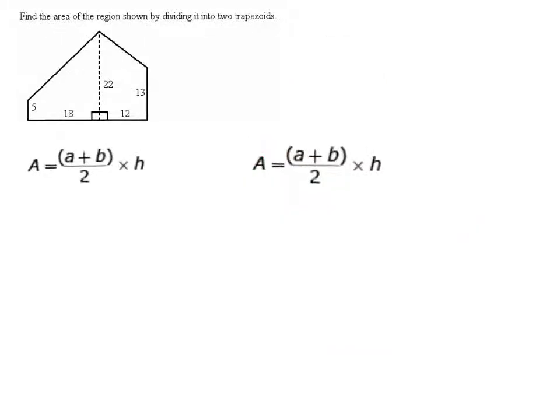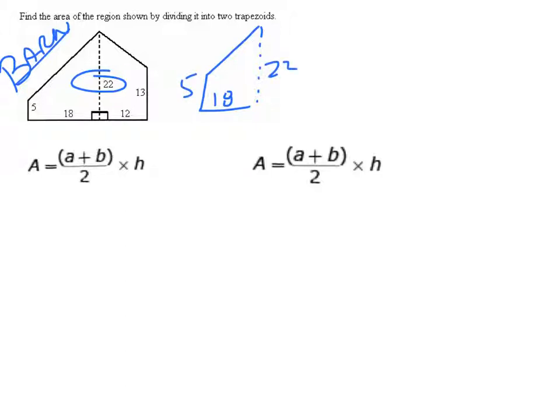So this last problem is one of the tougher ones, or the longest ones that you're going to have to deal with, because you have two trapezoids put together. I refer to this as kind of like the barn because it looks like a barn. So the barn problem. What happens is you have a sharing of a base in this case, and that's going to be right here. So the easiest thing to do for yourself is literally redraw this, put in your numbers, come back over here and draw the other side.